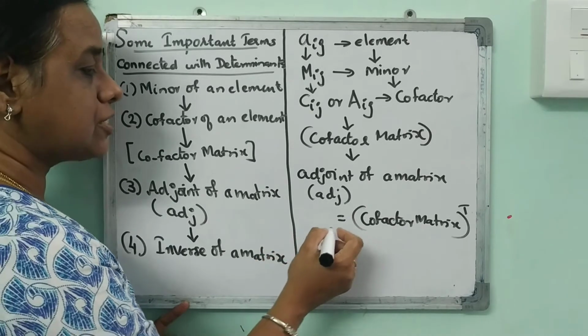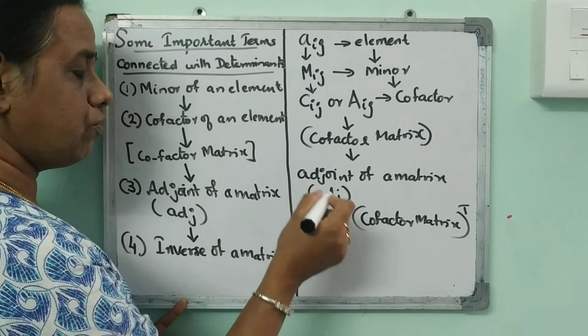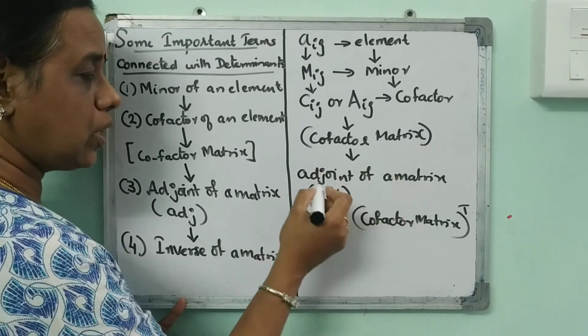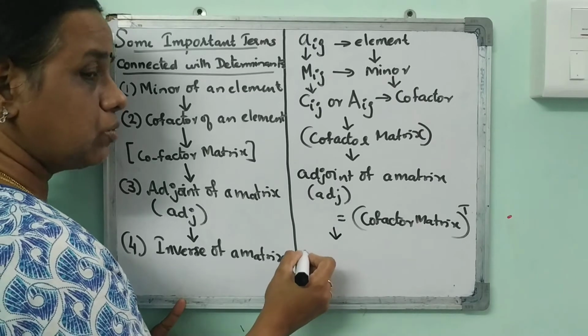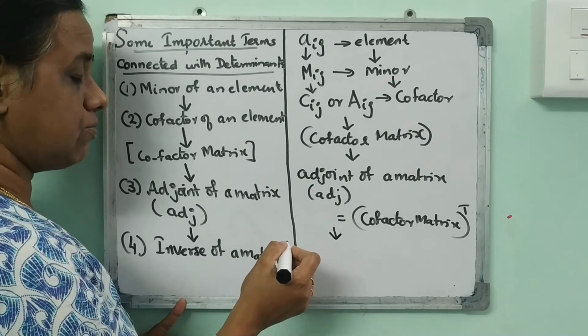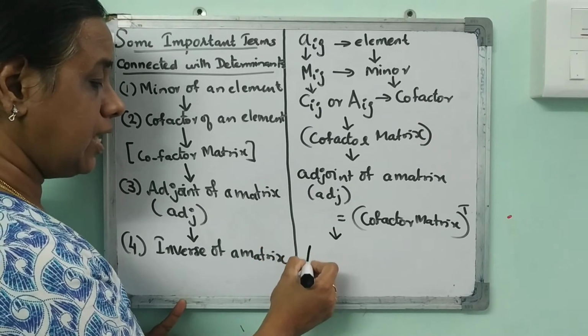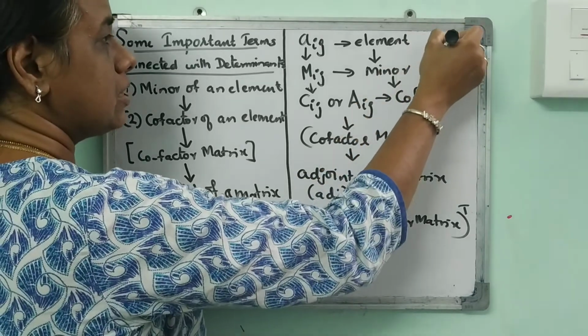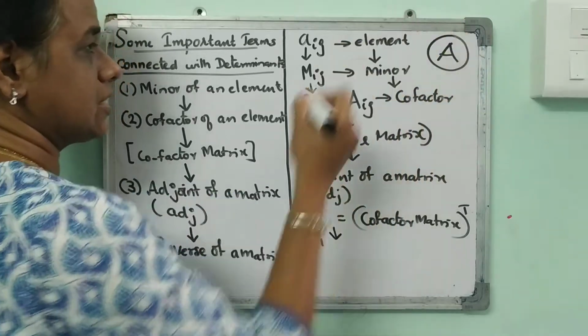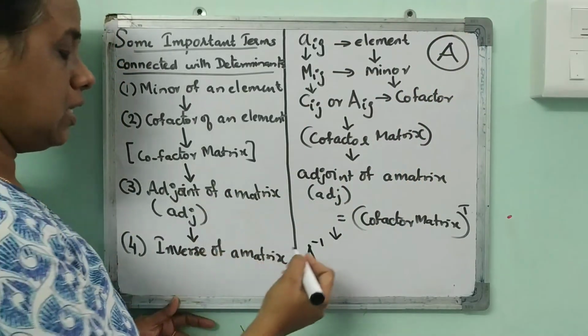Okay. And after that, with this cofactor matrix and this adjoint of a matrix, we find out the inverse of a matrix. You know that I already mentioned the inverse of a matrix is denoted as A inverse. So think that we have the matrix A in our hand. That is how we begin.